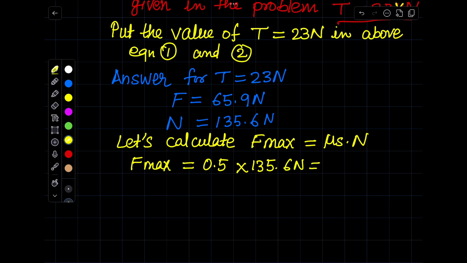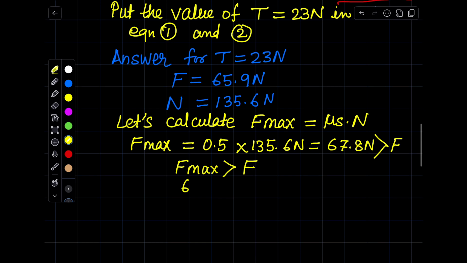Force maximum is equal to static friction multiplied by normal force. So here we put the value 0.5 multiplied by 135.6, and we found that F max is greater than F. Our F is 65.9, which is lower than the maximum force. It means that the box will not move.